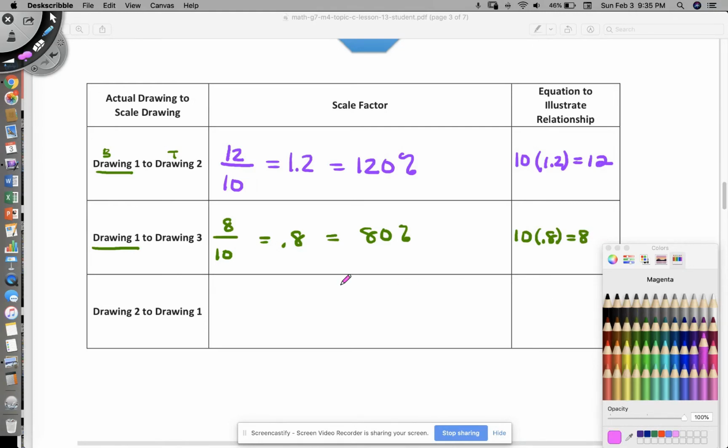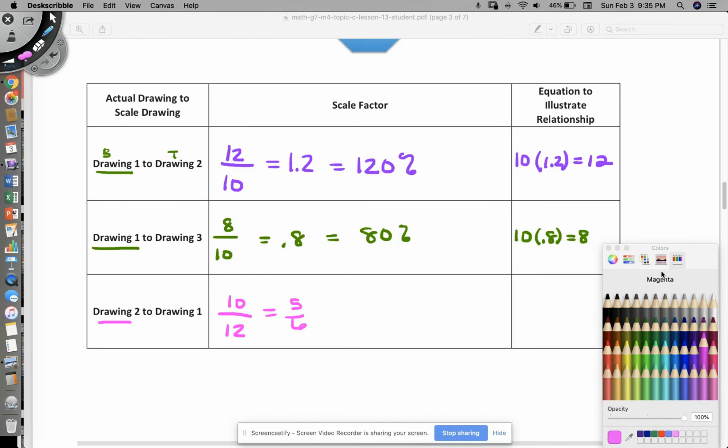All right, now I'm going to go from 2 to 1. So 1 now is the scaled, and 2 is the original. So for 2, we're going to put a 12 down here for the original. We're going to put a 10 up above. I'm going to reduce that to 5/6. All right, and as we know, that might not be a nice decimal percentage.